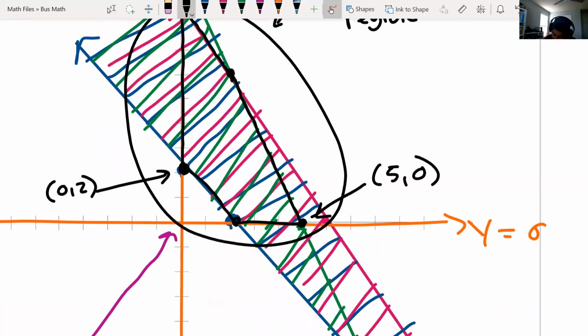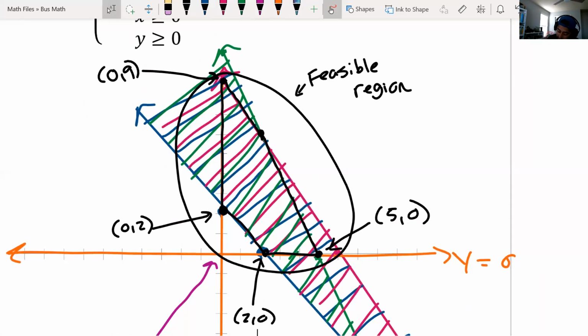And then this point is (2, 0). And all we need is this final point, which, if drawn correctly, looks like 1, 2, 3, 4, 5, 6, looks like (2, 6). But again, let's check. We could be wrong. And this is where green and red intersect.